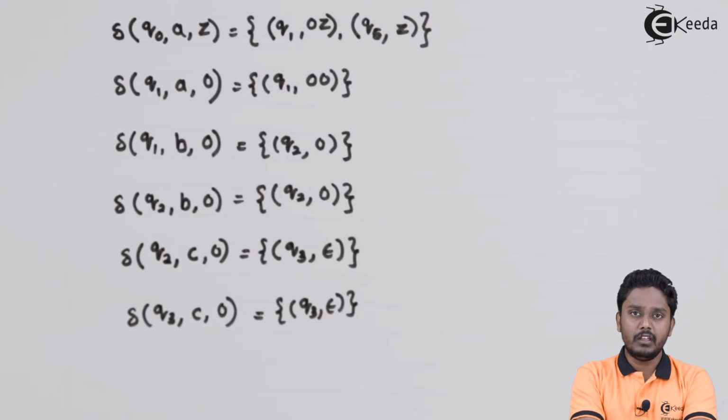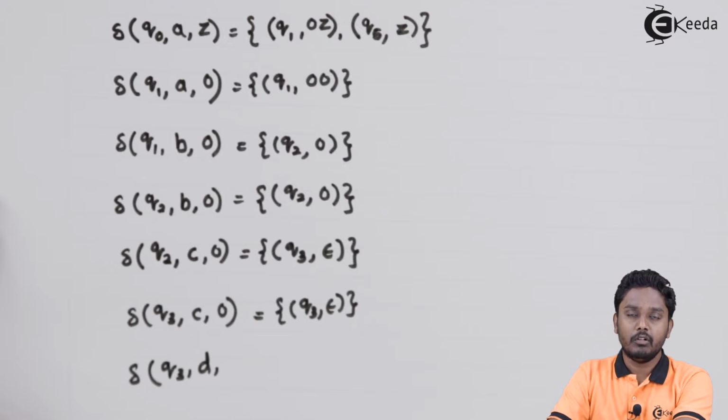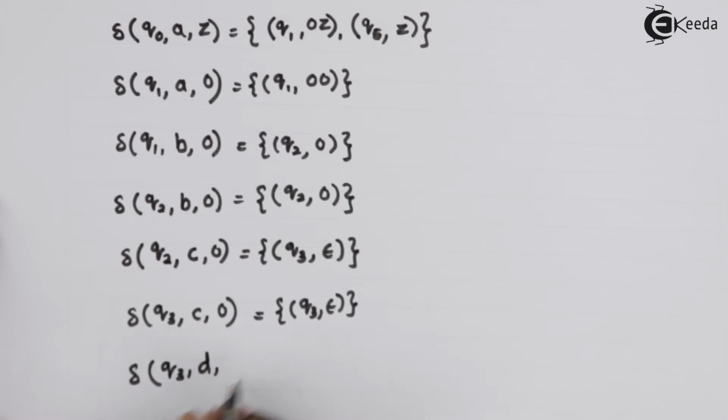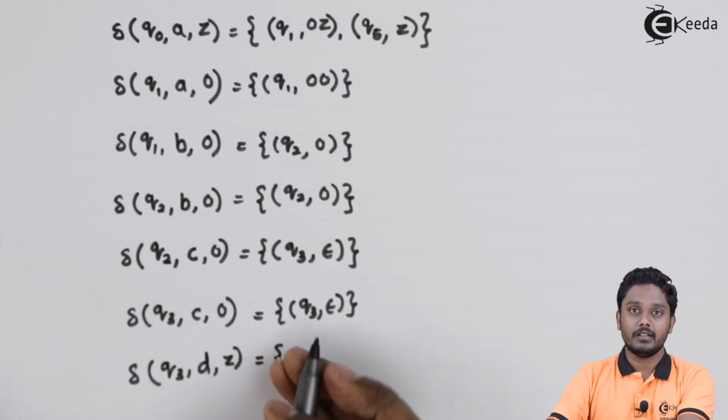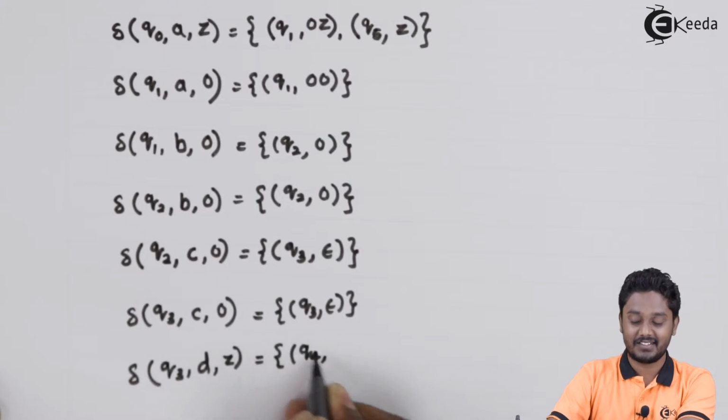On encountering a D, from state Q3, we will have a transition to state Q4. But now the top of the stack would be Z. State would be Q4, keeping the Z as it is.